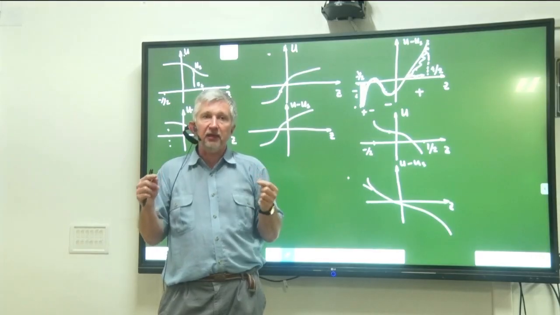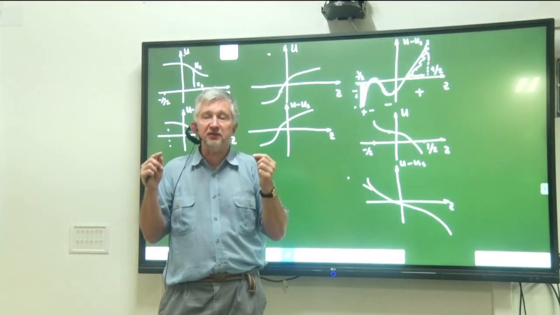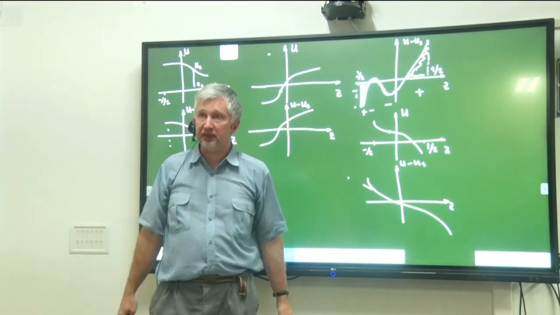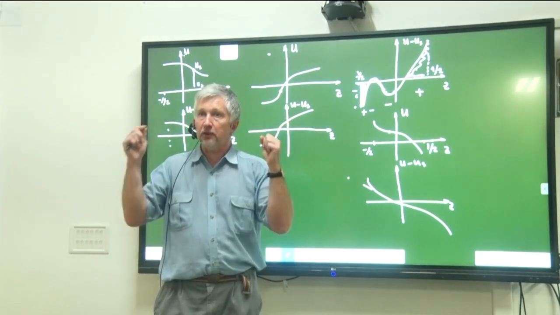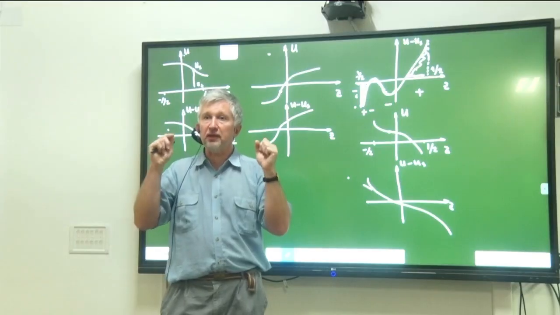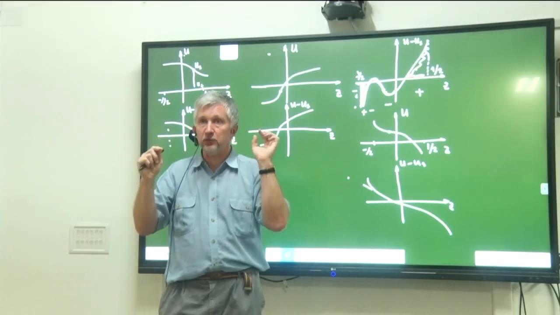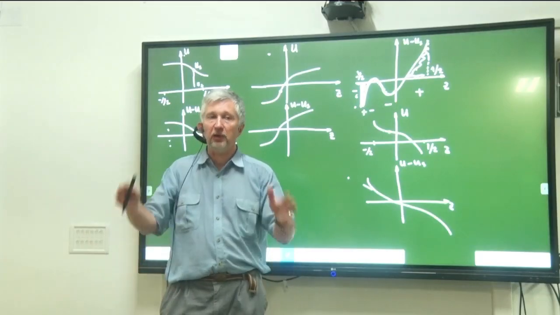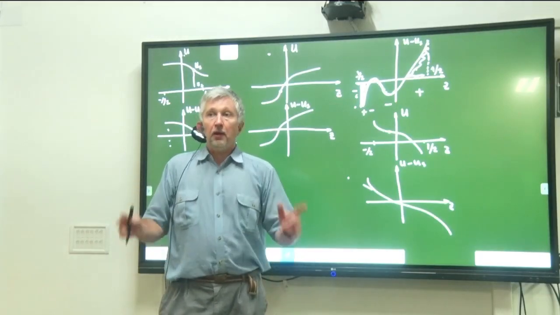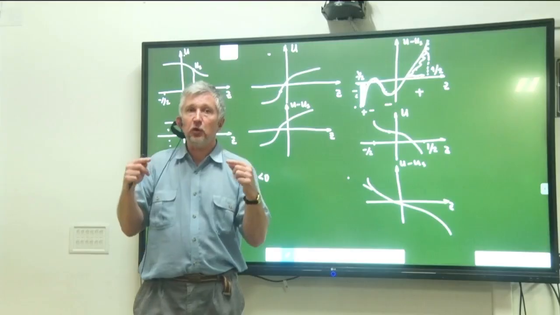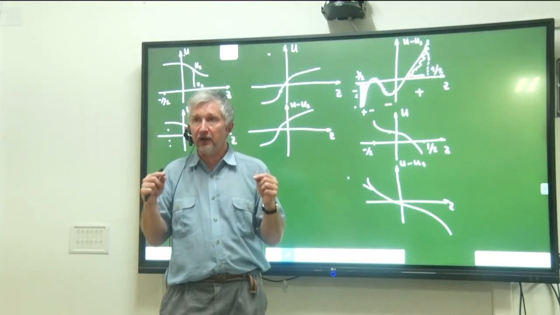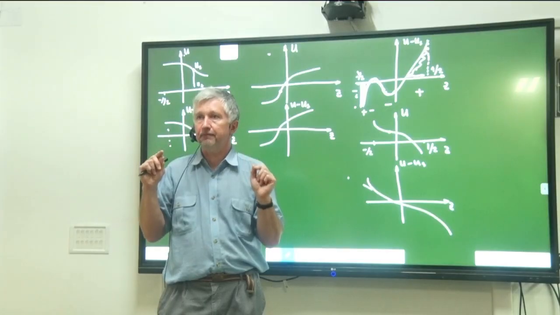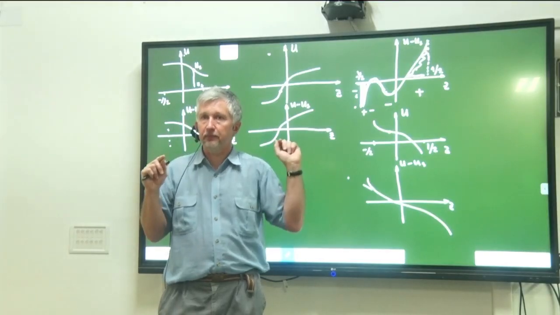On the other hand, if Fjortoft's or Rayleigh's condition is not satisfied, at least one of them, we can safely say that the flow is stable. On the other hand, if Fjortoft's and Rayleigh's conditions are both satisfied, it is not guaranteed that the flow becomes unstable. And that's the example. Is that clear?